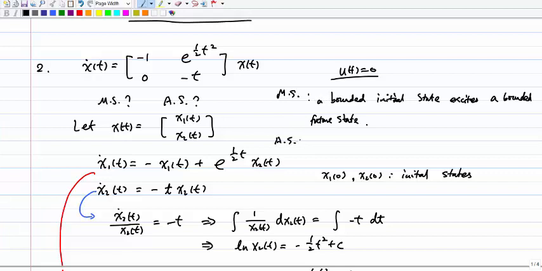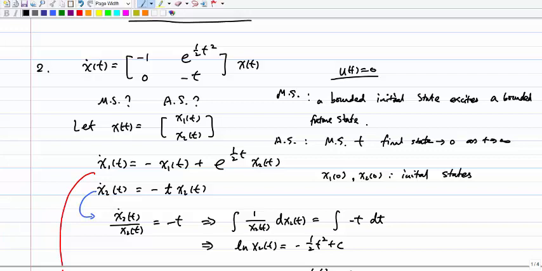And asymptotic stable, first of all, has to be marginal stable, plus the state goes to 0 as t goes to infinity.